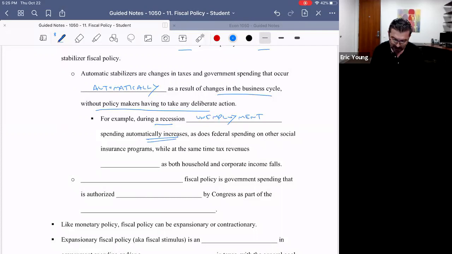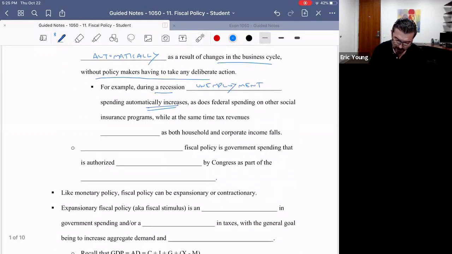We don't have to have any type of federal legislation. Unemployment occurs, people are going to file, they're going to automatically get those benefits if they qualify. And therefore, you're not going to have any kind of deliberative legislative action. So during a recession, we're going to see unemployment spending go up.